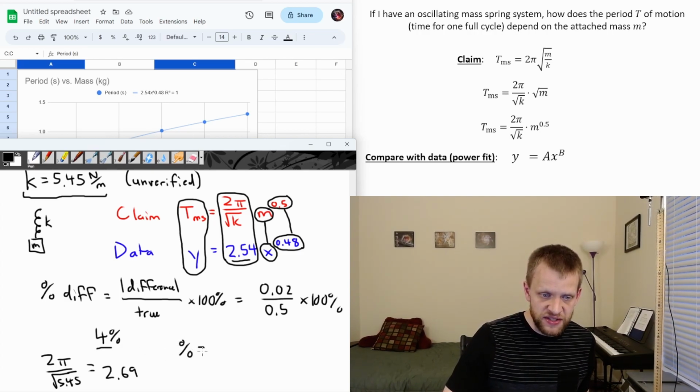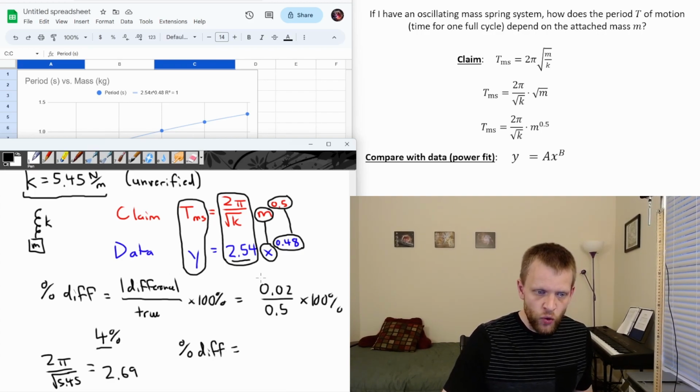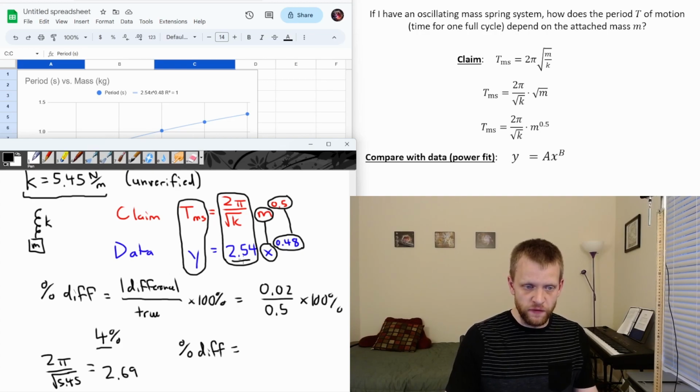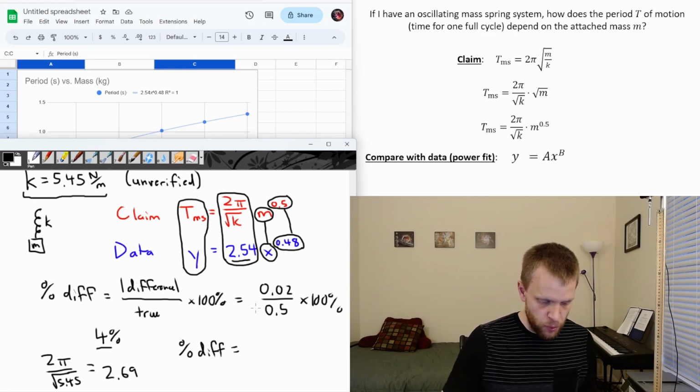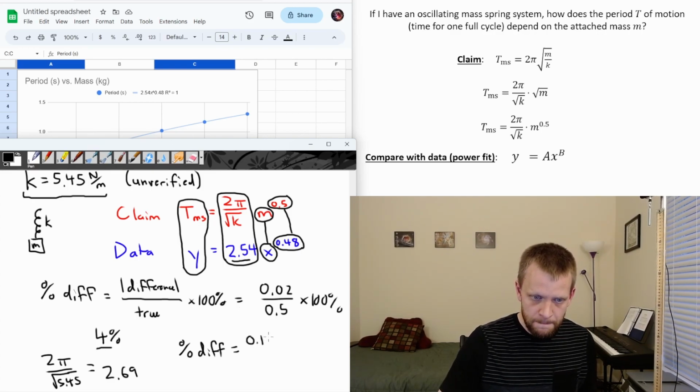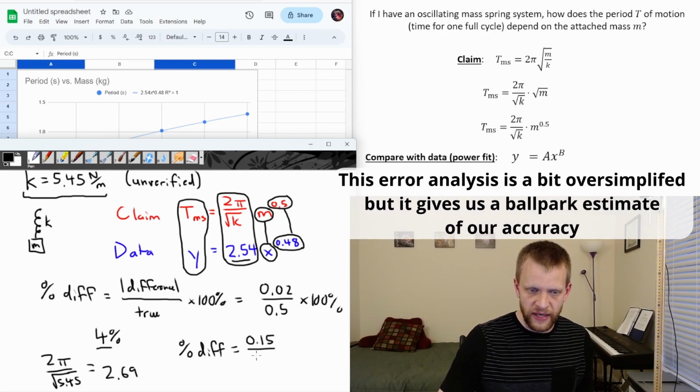So again, the percent difference here would be the difference between these two values. So the 2.69 minus 2.54, I got a difference of 0.15 over, let's use this as our accepted value, 2.69.